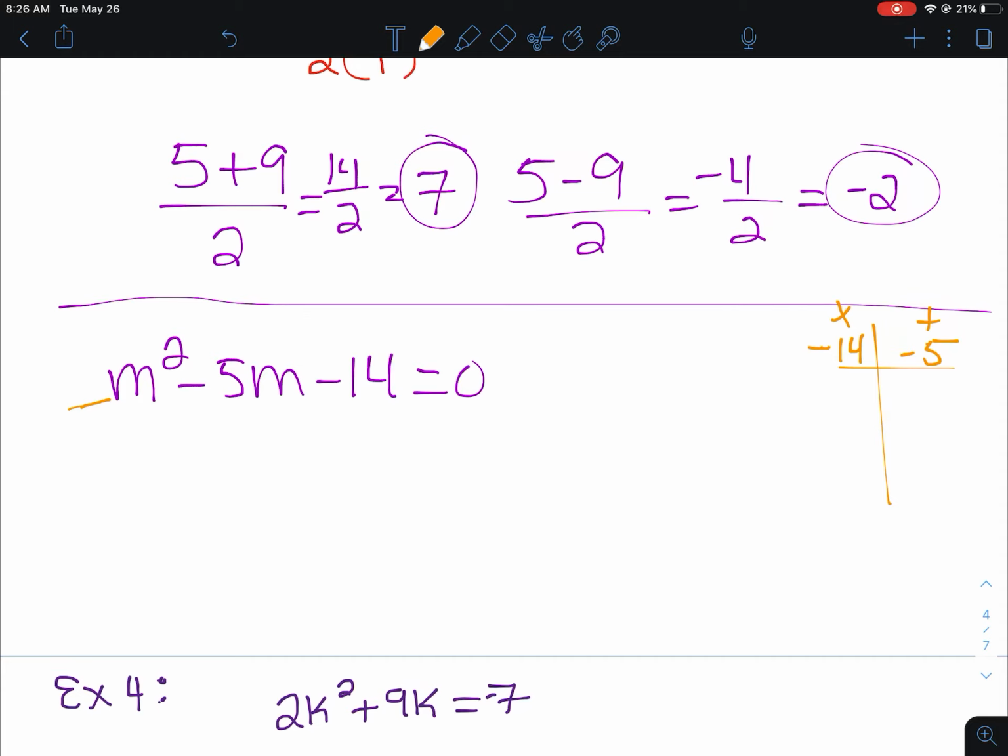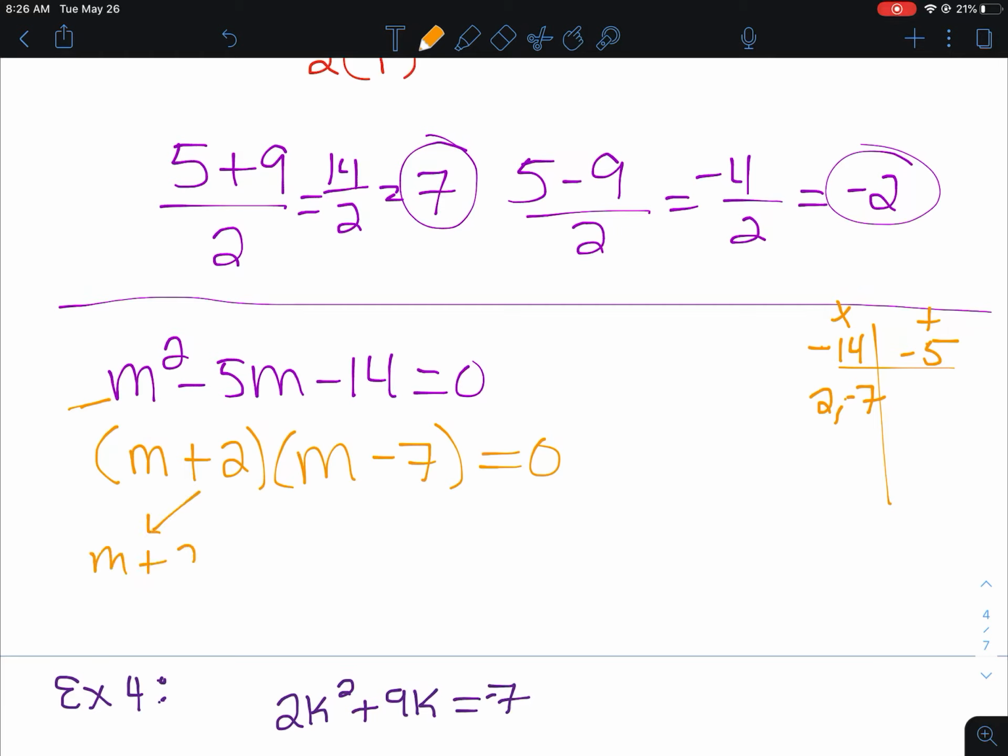Well, 1 and 14, no. But 2 and 7, if I make 7 negative, 2 times negative 7 is negative 14. 2 plus negative 7 is negative 5. So we could factor it into m plus 2, m minus 7 is equal to 0.